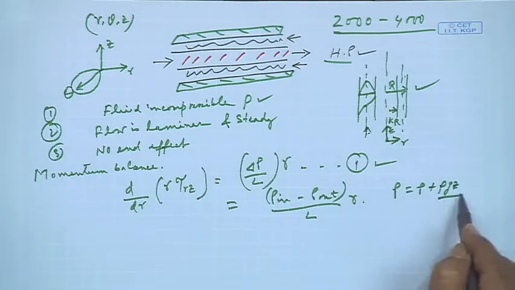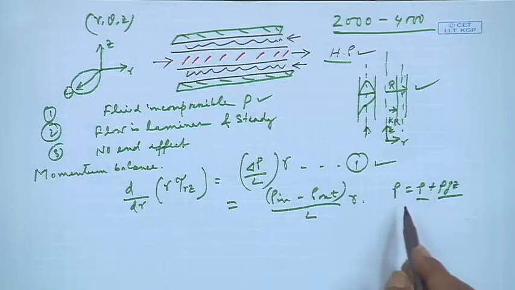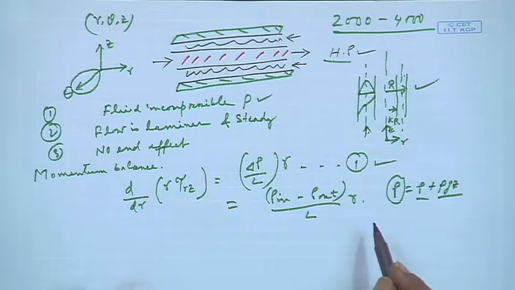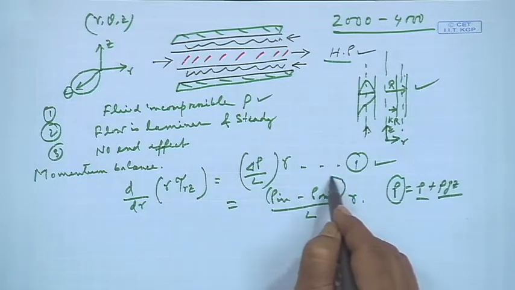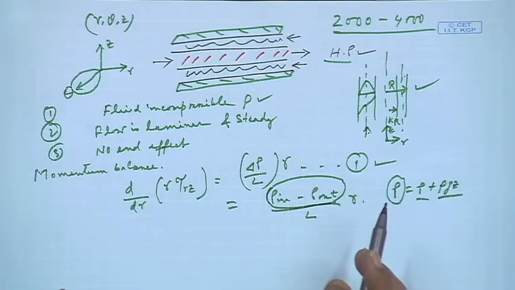That vertical pressure due to gravity and the pressure for the flow, these two together cause the total pressure P, which we are taking as P in minus P out.